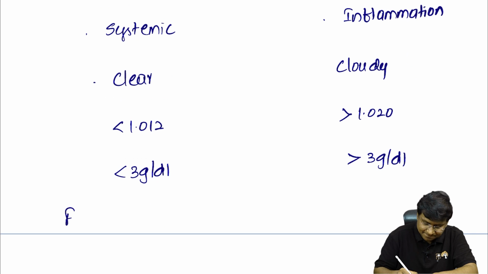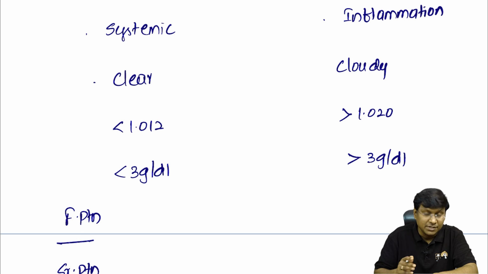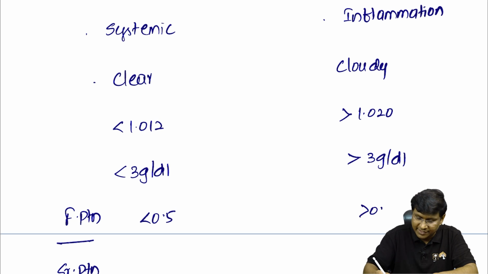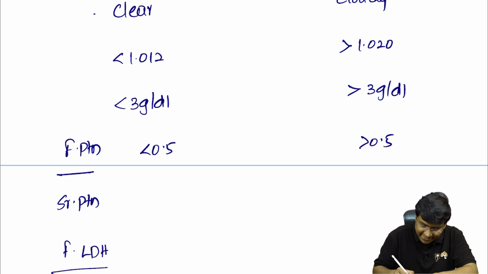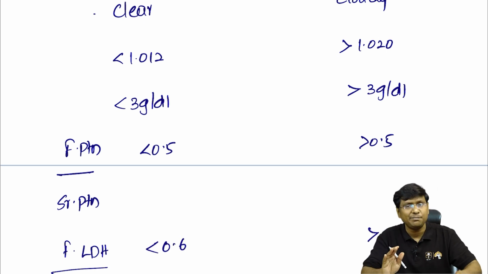The fluid protein to serum protein ratio will be less than 0.5 in transudative, whereas in exudative it is more than 0.5, right? And the fluid LDH to the serum LDH: in transudative it is less than 0.6, whereas in exudative it is more than 0.6.